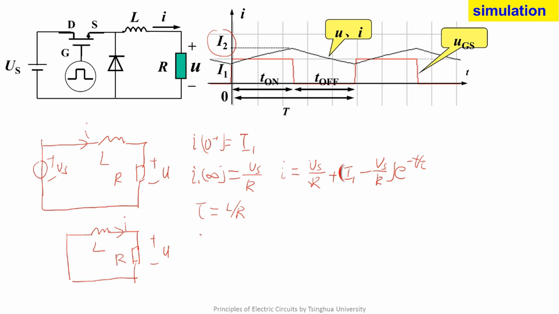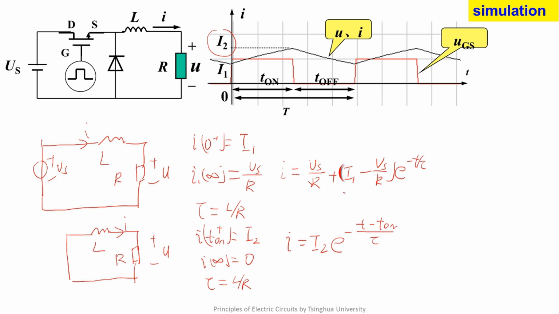We can use the three elements method to analyze it. I at t on plus equals I2. I at infinity equals 0, and tau equals L over R. Then we get that I equals I2 times e to the power of minus (t minus t on) over tau.